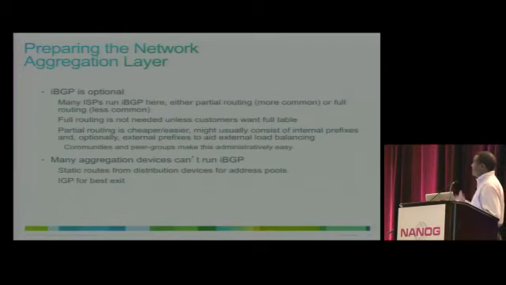But it doesn't need to carry the full internet table. It can participate in IBGP and carry only the internal network table, but it doesn't need to carry the full internet table. And actually, a lot of the aggregation devices may not even run BGP, may not even support BGP routing protocol.